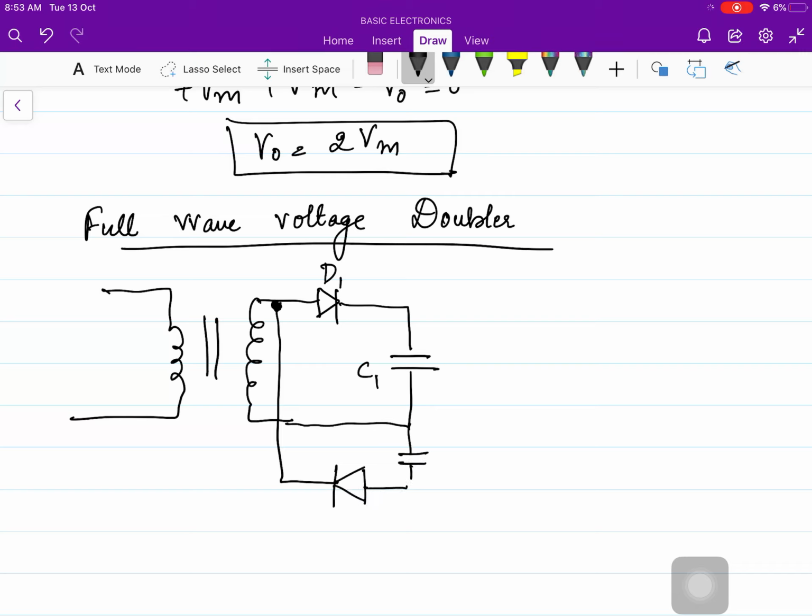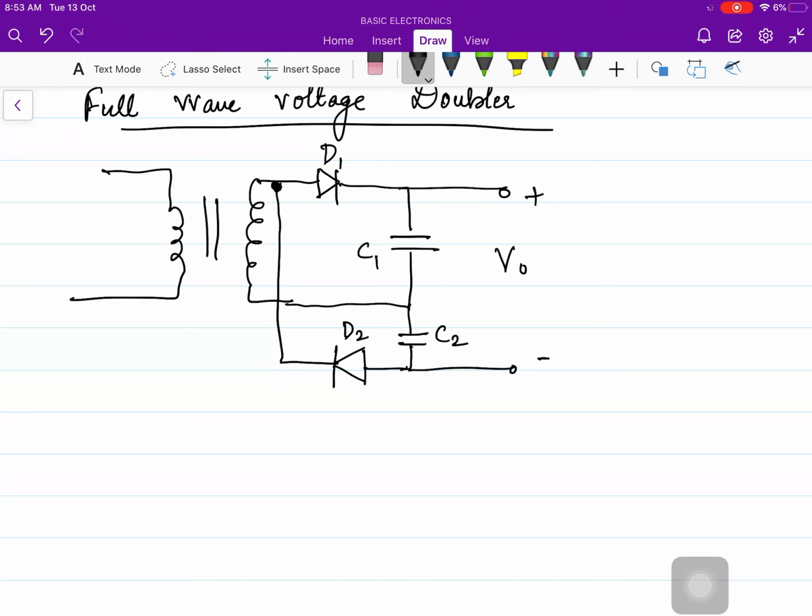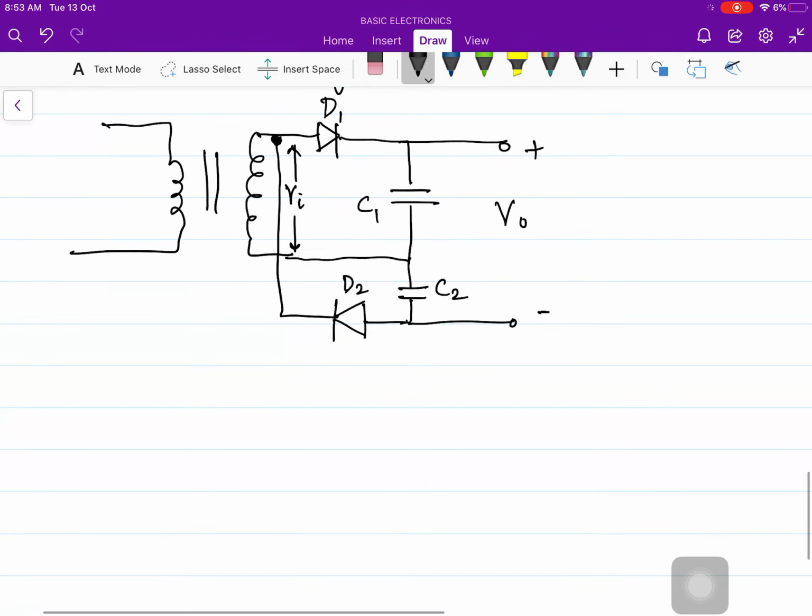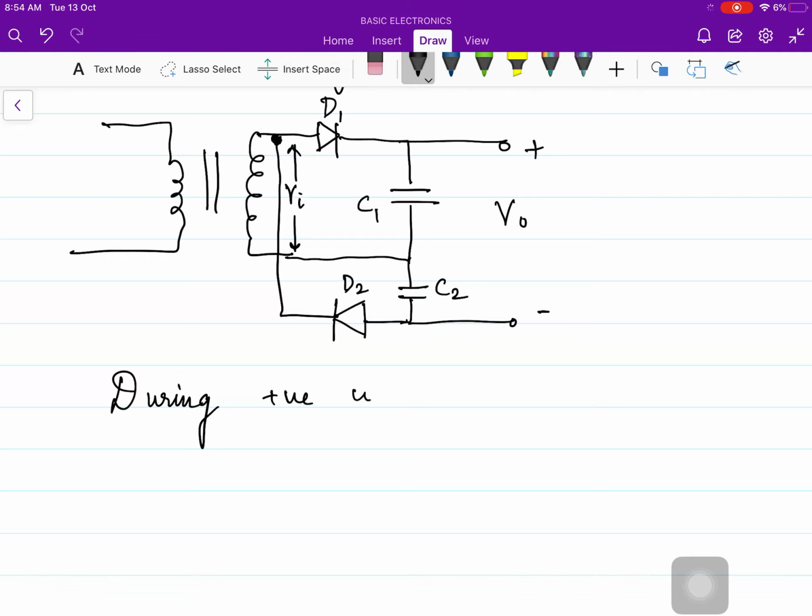I have drawn the dot over here. And we will be taking V0 like this. So in the case of the full wave voltage doubler, let's first of all analyze its operation. And we are having Vi like this, that is Vm sin omega t. So now first of all analyze it during the positive half cycle.